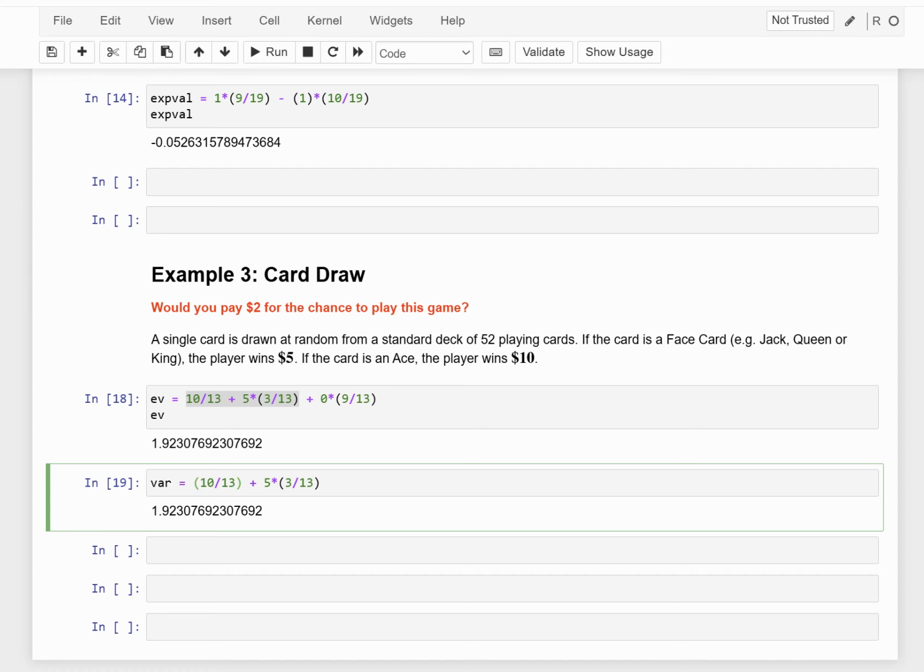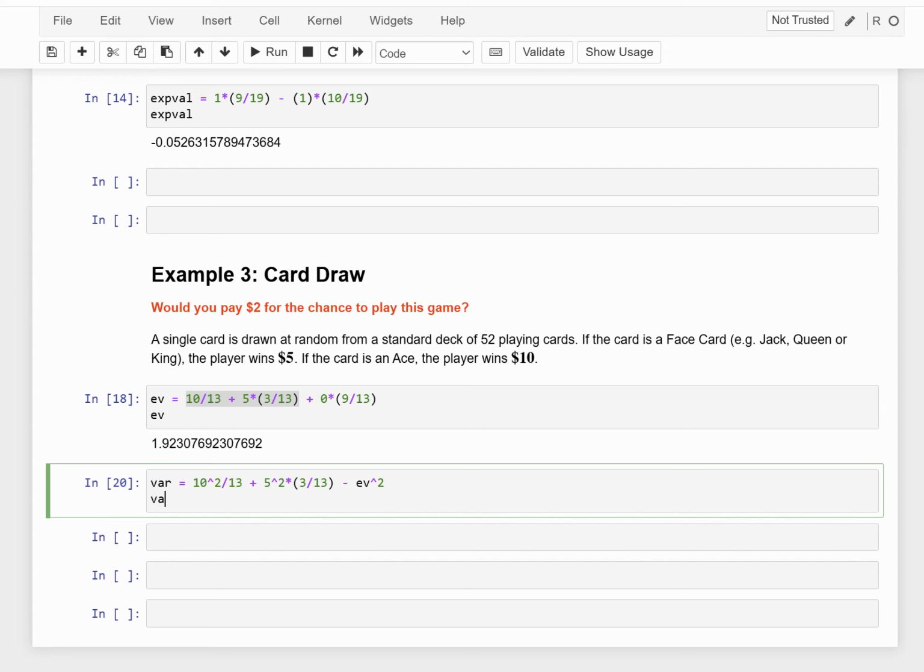Wait, I don't need the parentheses, sorry. I need the outcome squared divided by 13, and then I need the outcome squared times 3/13. Again, 0 squared is still 0, and then I'm going to subtract the EV squared.